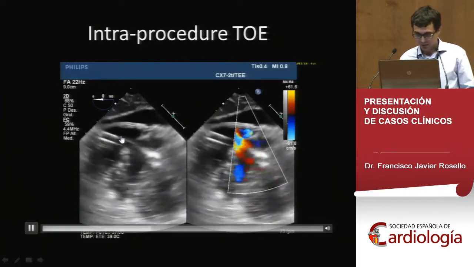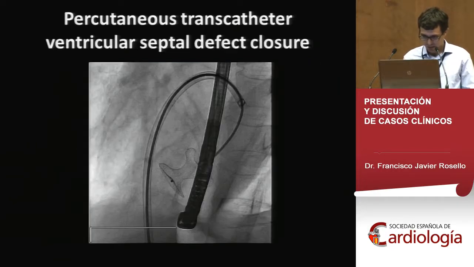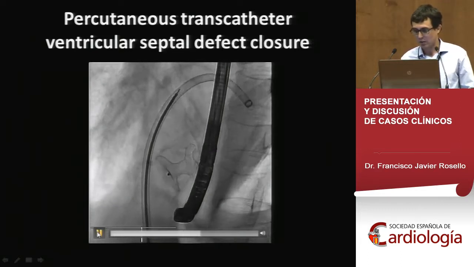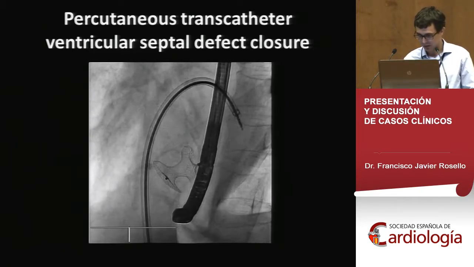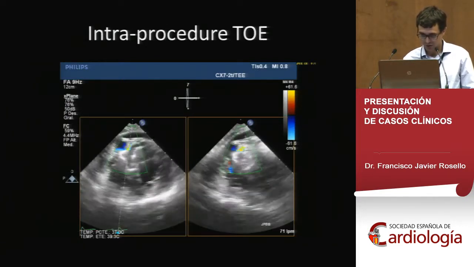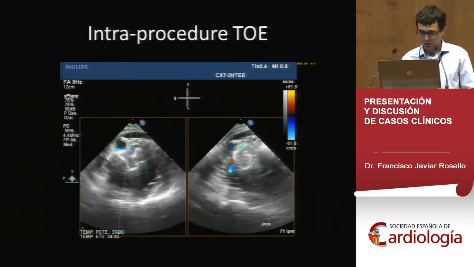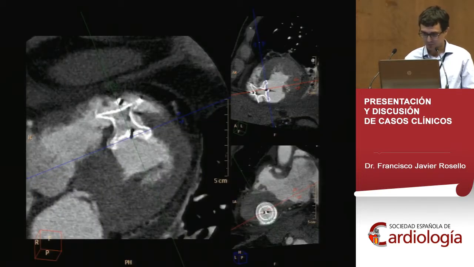Here we can see the wire crossing the septal defect, and here we can see the delivering of the device, which was placed in the correct place, as we can see in the post-procedure transesophageal echocardiography that shows a reduction of the shunt.